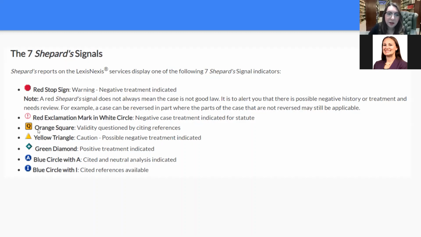There's the orange square, which is validity questioned by citing references, and we always want to use valid sources. The yellow triangle means caution, possible negative treatment indicated. The green diamond means positive treatment indicated. The blue circle with an A is cited and neutral analysis indicated. And then the blue circle with an I is cited references available.